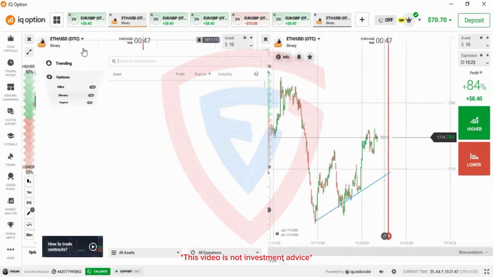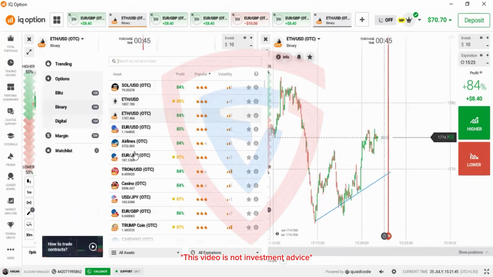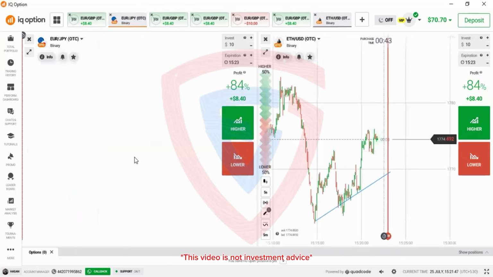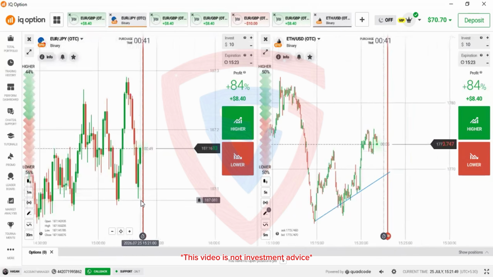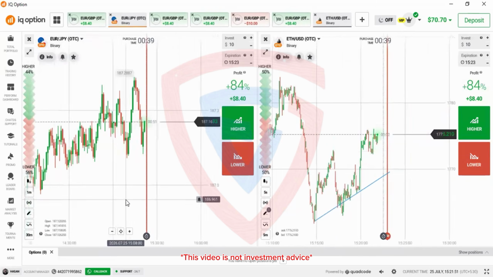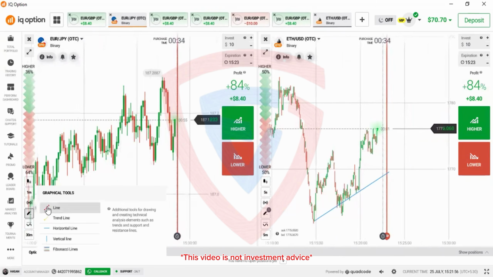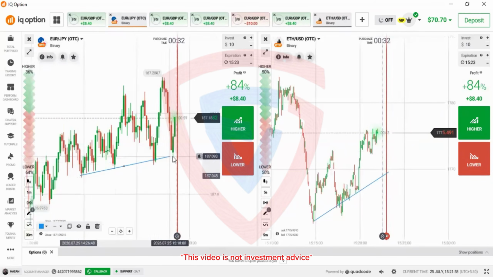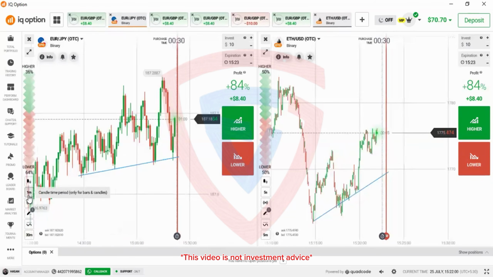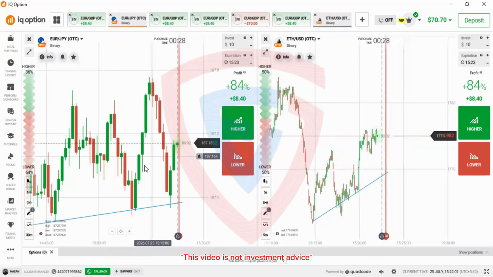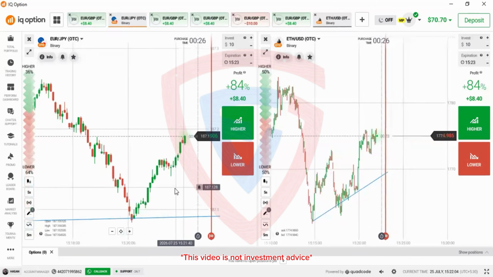So I will try to check another pair. Okay. So at this level, the market got support and started to go up. So I will check it in a lower time frame. Okay.